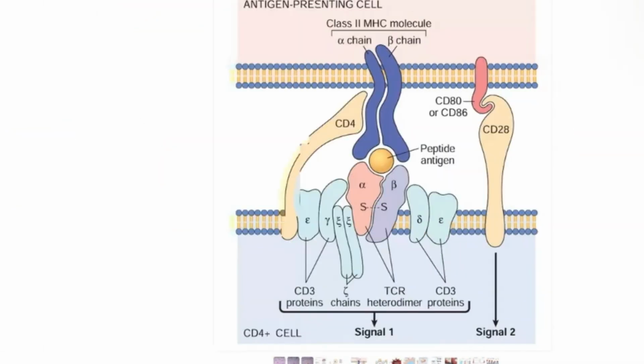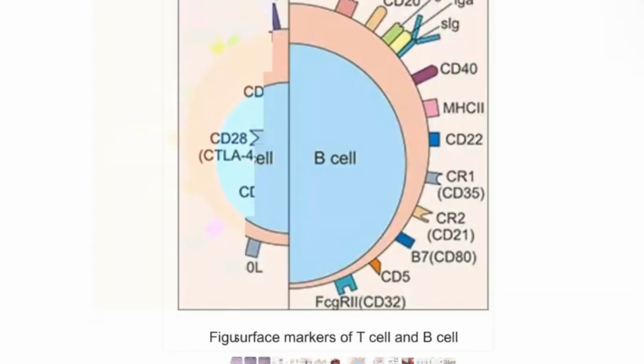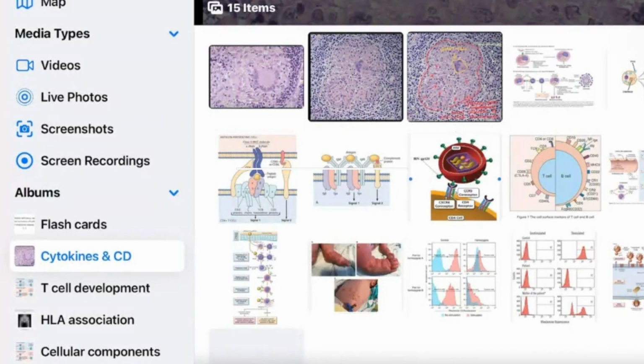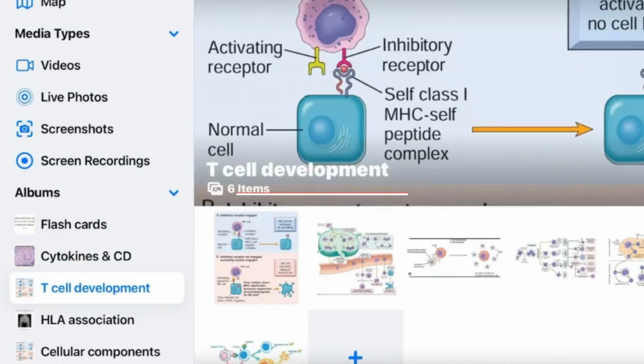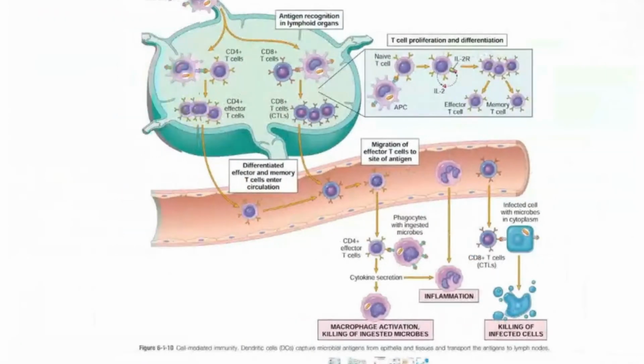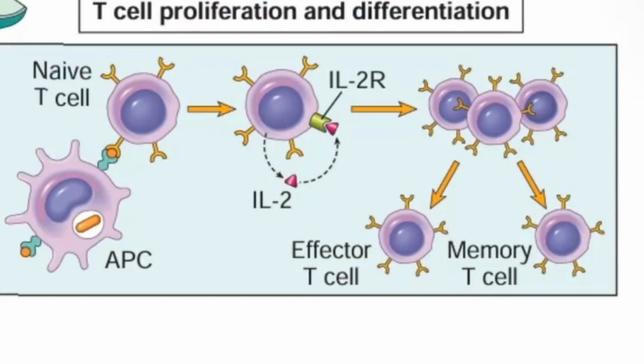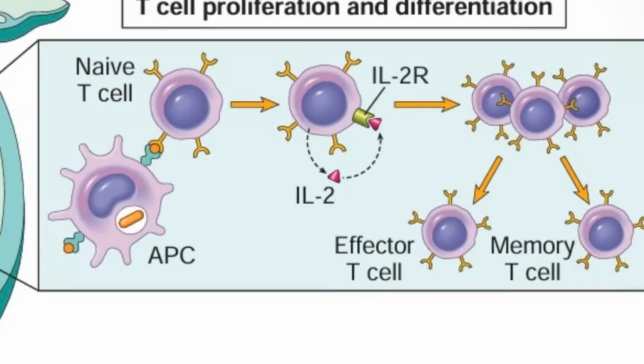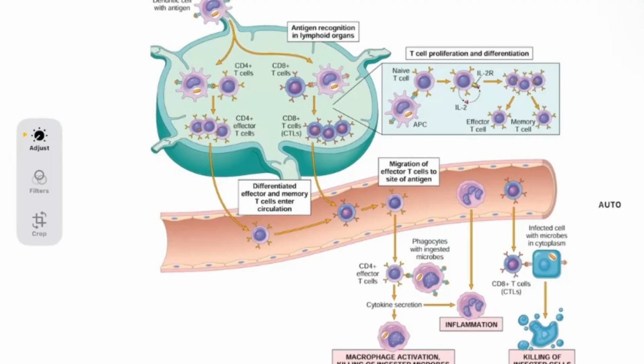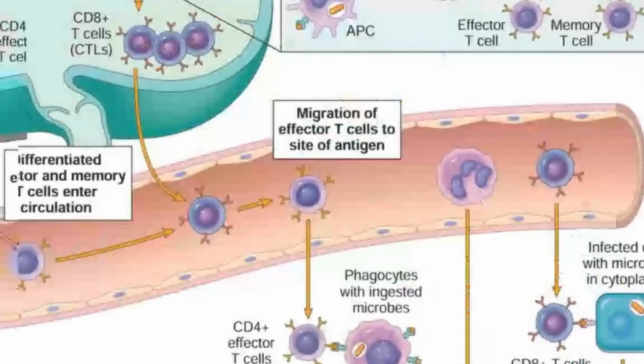Let's see if I have an image on that. Okay, I don't. Let's find. So okay, this is it here. So look at interleukin 2. The cell that has been activated, once it's activated by CD4 T cells here, all right?